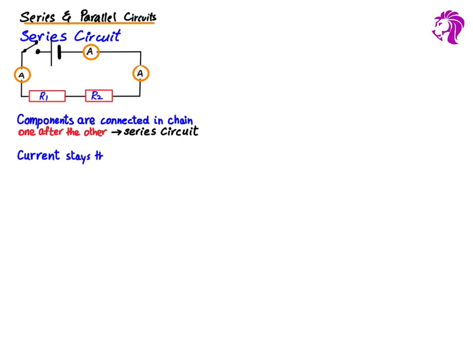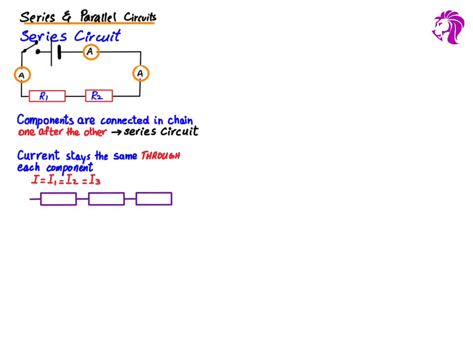And then current stays the same through each component. Whatever is the current through R1, the same would be the current through R2, and so on. That's the reason you can connect an ammeter anywhere in the circuit in series. So let's say you have these 3 resistors, R1, R2, R3, and let's have the current I1, current I2 and current I3 over here.